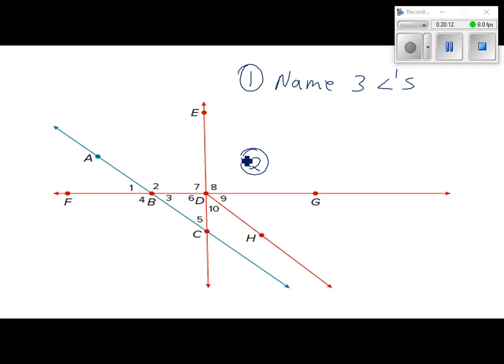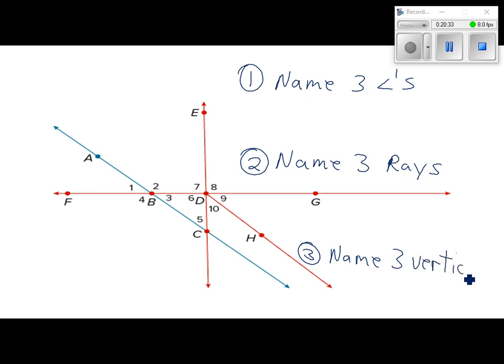Right here, you're going to name 3 angles. You're going to name 3 rays. And we're going to name 3 vertices. Anybody have any idea what a vertices is? Plural of vertex. It's where they connect, right?